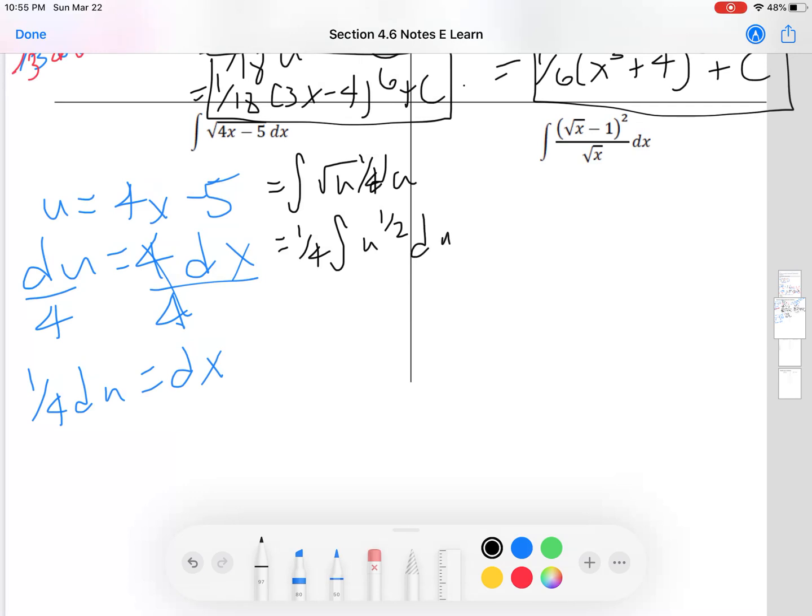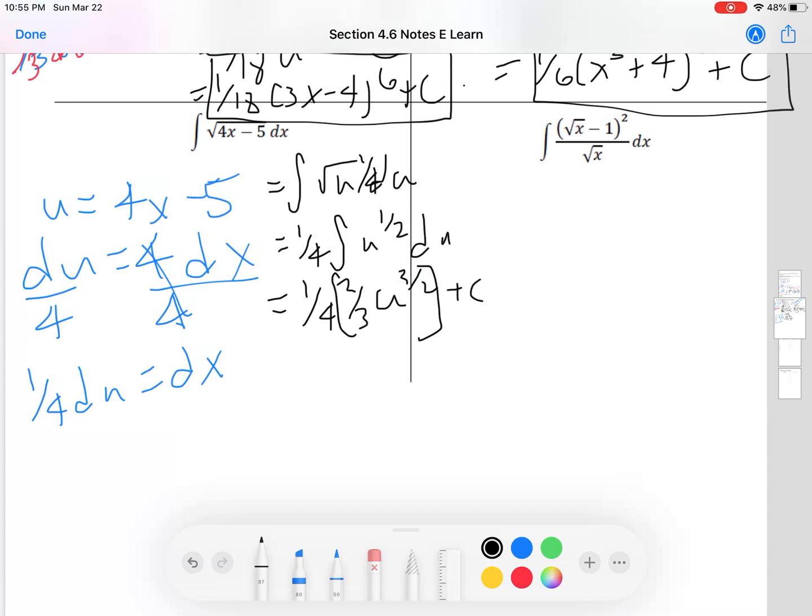And then after that, I'm going to add 1 to the exponent. So 1/2 plus 1 is 3/2. And then make sure that you also include the plus c.